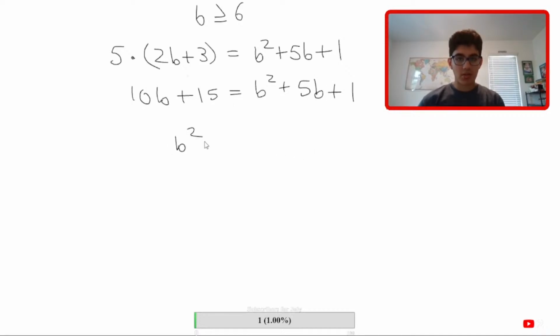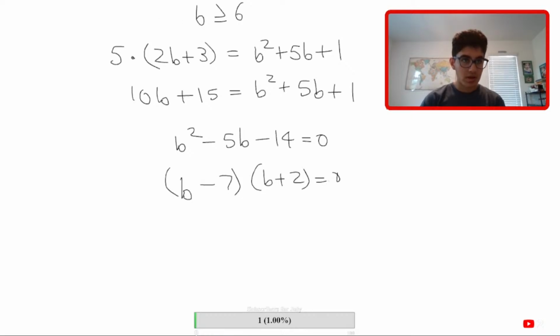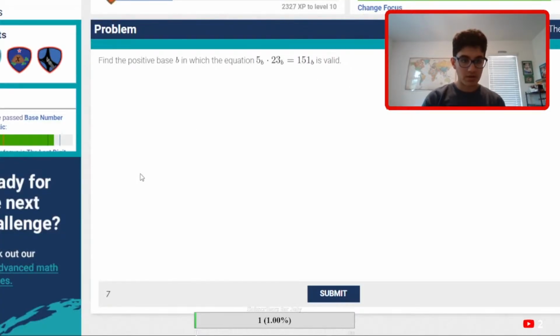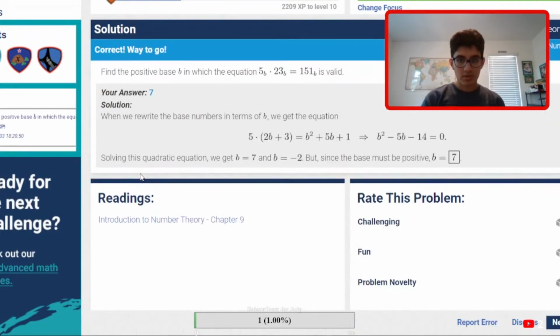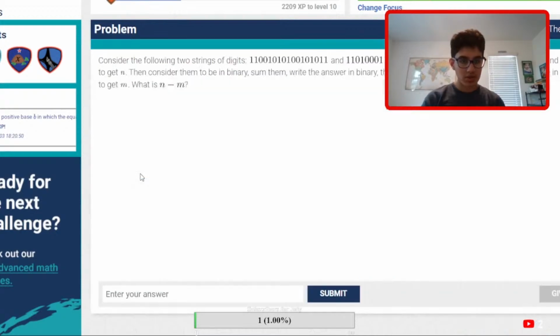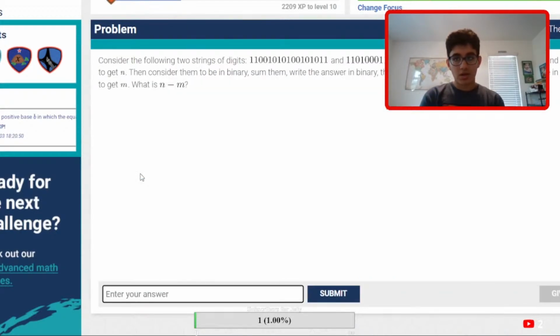So B squared minus 5B minus 14 equals 0. We'll get two answers here. One will be negative, one will be positive. B minus 7, B plus 2. So obviously B equals 7. Perfect. So it has to be 7 then. And I think, yeah, they did the exact same thing. You have to just plug it in and see.